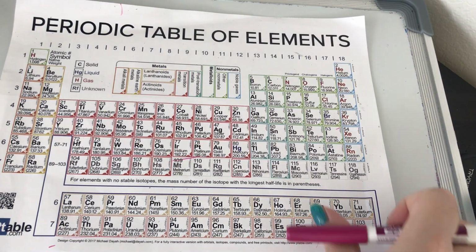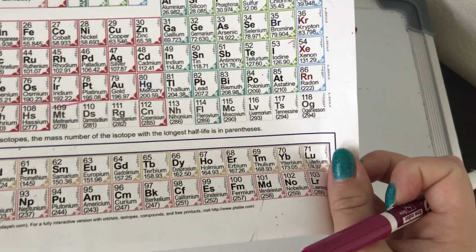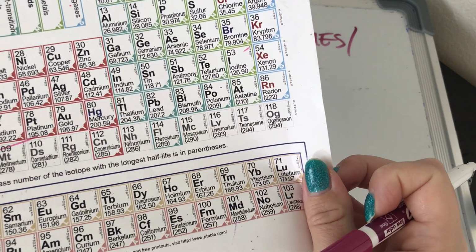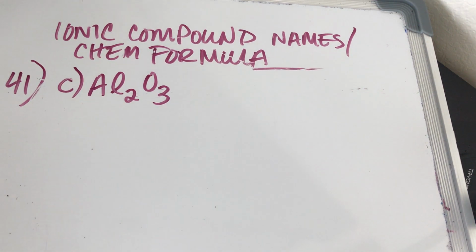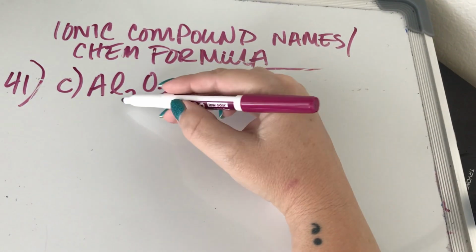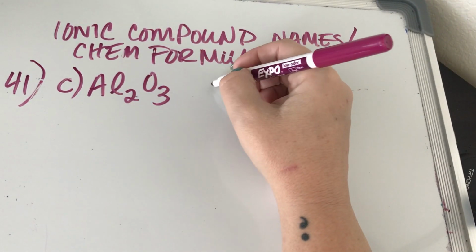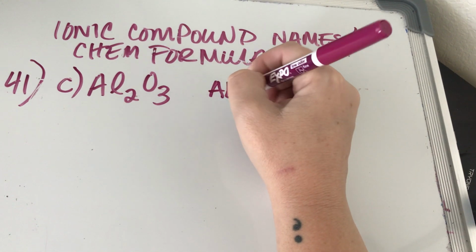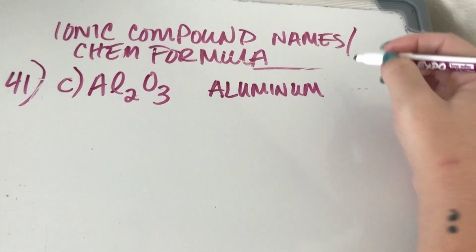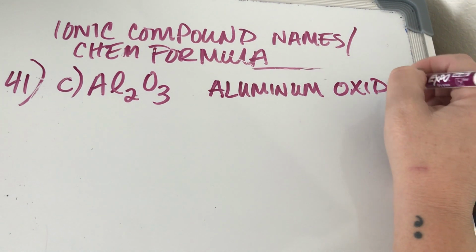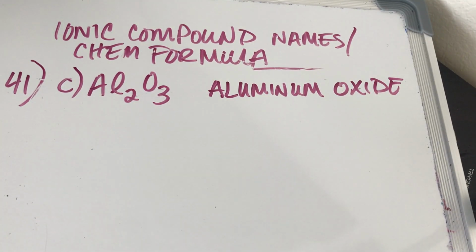Are you going to ask us any questions with those few weird ones on it? No. But just so you know, the answer key is going to tell you one answer. Because aluminum always has the same charge, this name is just going to be aluminum oxide.